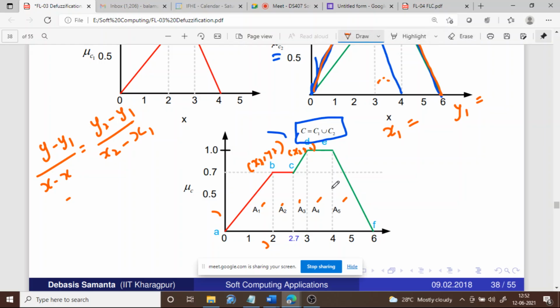But actually in this case you need not calculate anything, because this is a perfect straight line. There is no slope involved. Whatever the value of x between 2 to 2.7, the value of y will be 0.7 only. You can directly decide that by seeing this graph.